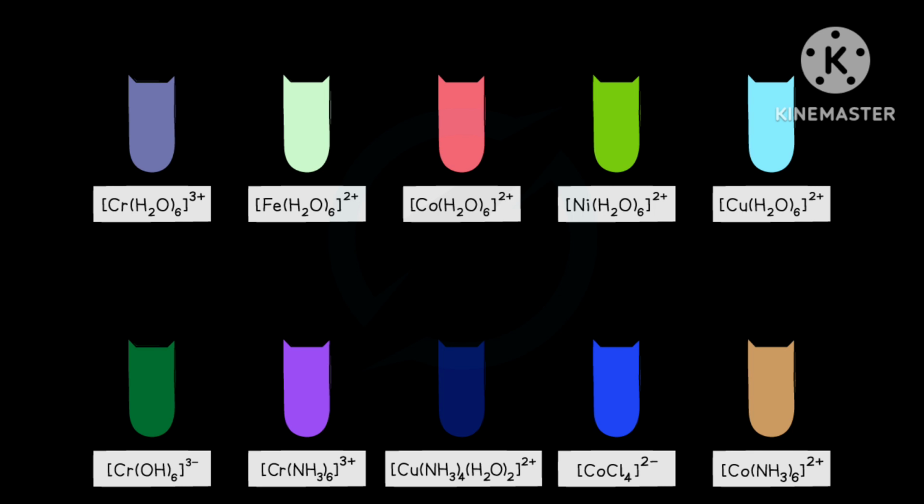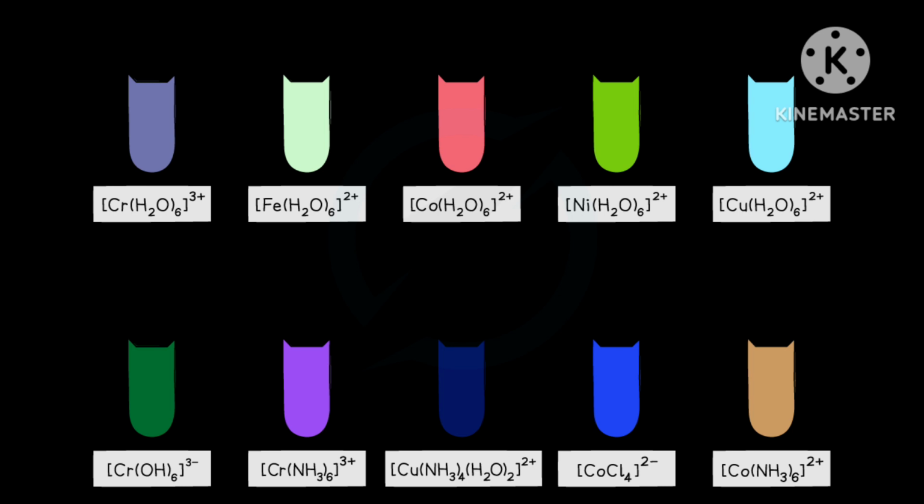Sodium dichromate's color is orange. Then from Na2CrO4, you will get Na2Cr2O7.